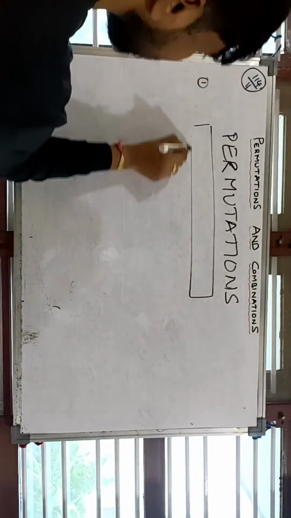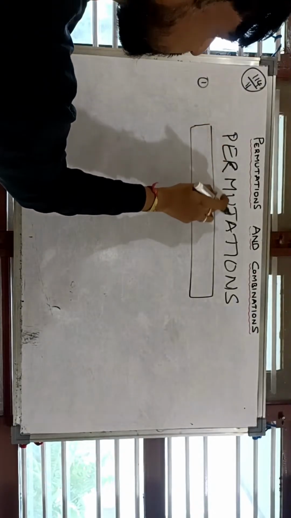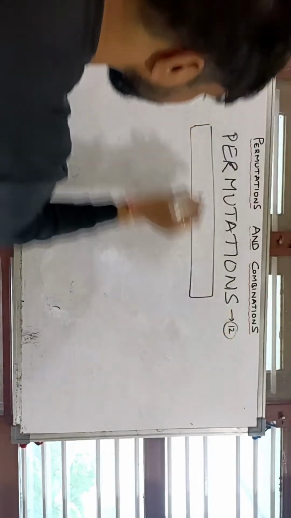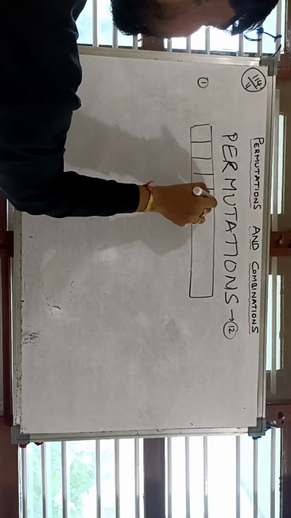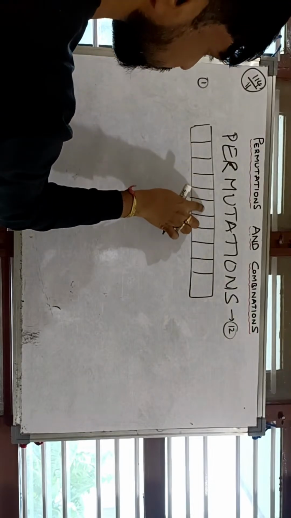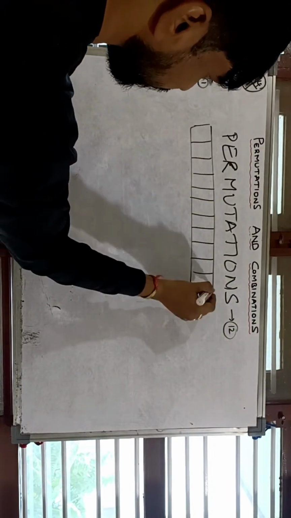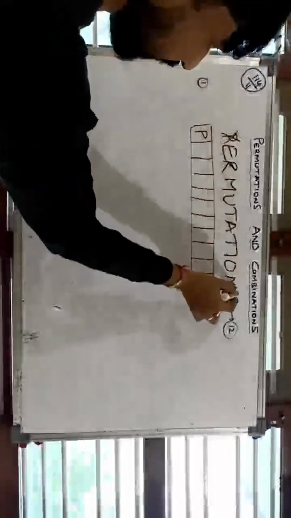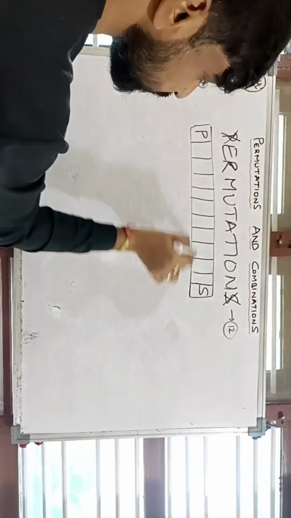For example, how many letters does this word have? 1, 2, 3, 4, 5, 6, 7, 8, 9, 10, 11, 12. It is a 12-letter word, so you need to create 12 boxes. Starts with P, ends with S. So P and S are fixed, and the remaining letters you fill here.